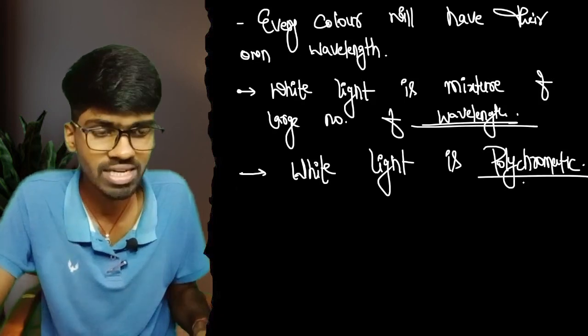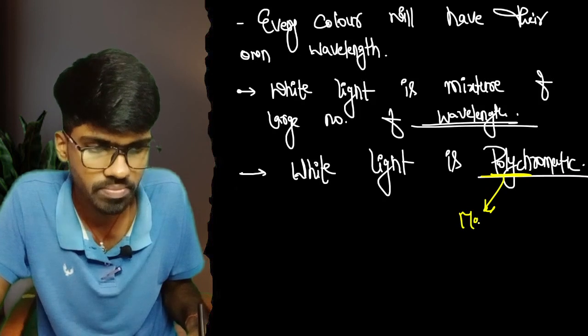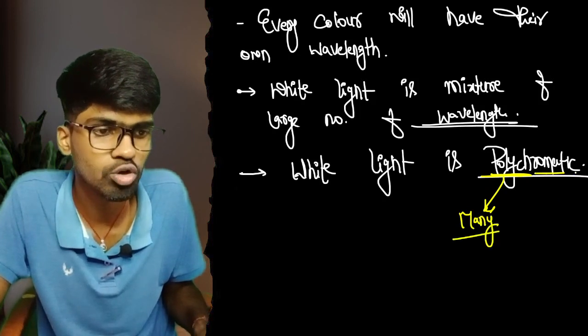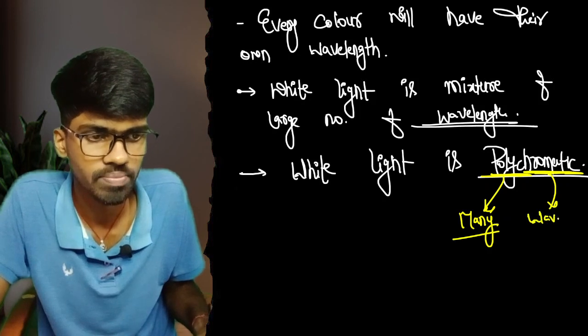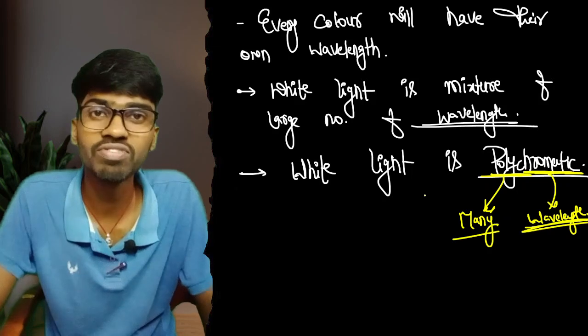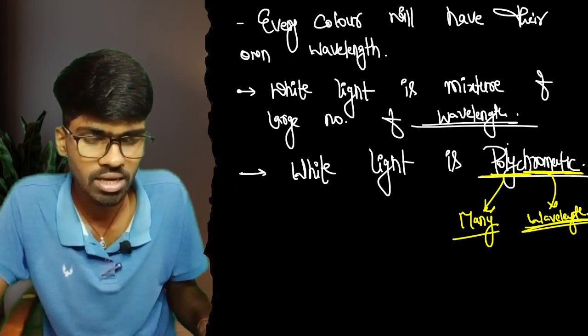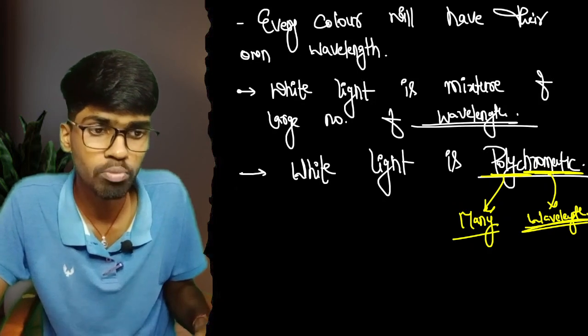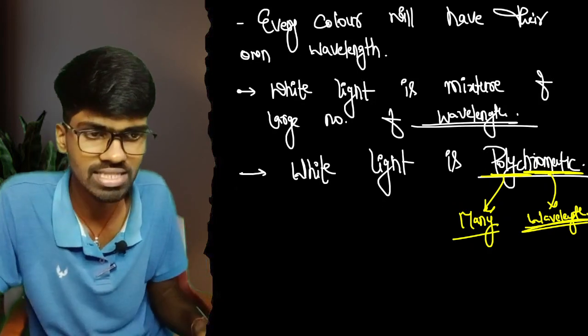What does polychromatic mean? Poly means many and chromatic refers to wavelength. So the light which consists of many wavelengths is polychromatic. Its opposite is monochromatic. You will study that in higher classes.